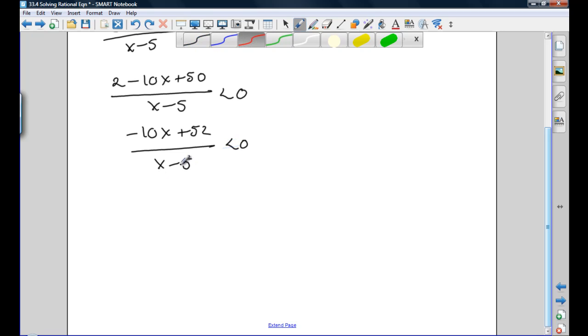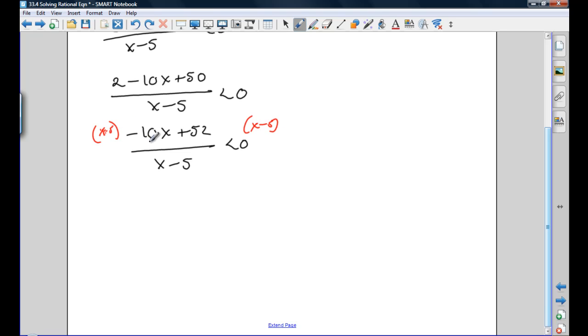You would multiply both sides by x minus 5. And you would see that this would cancel out, and 0 times anything is still 0. What you'd be left with is only the numerator: negative 10x plus 52 is equal to, remember I'm going to think of it as an equal sign, 0.